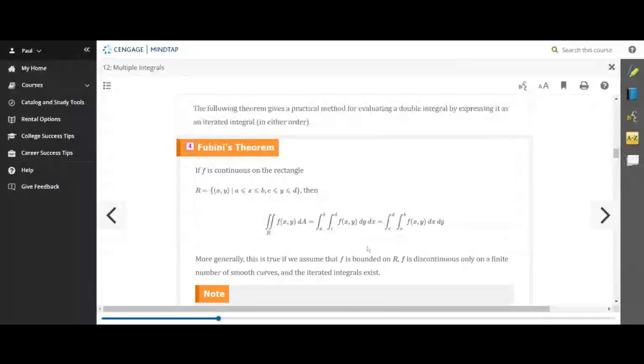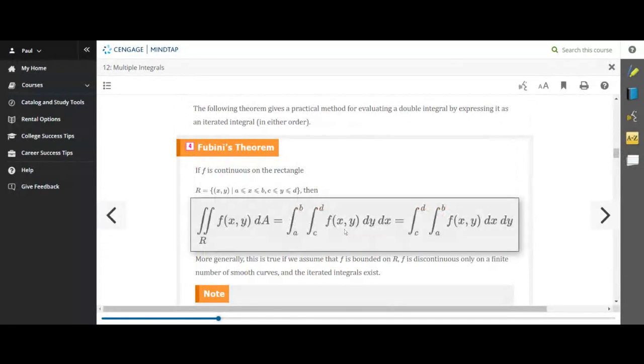In fact, if you have constant limits A, B, C, D, you can switch the order of integration and get the same value. That's by Fubini's theorem.